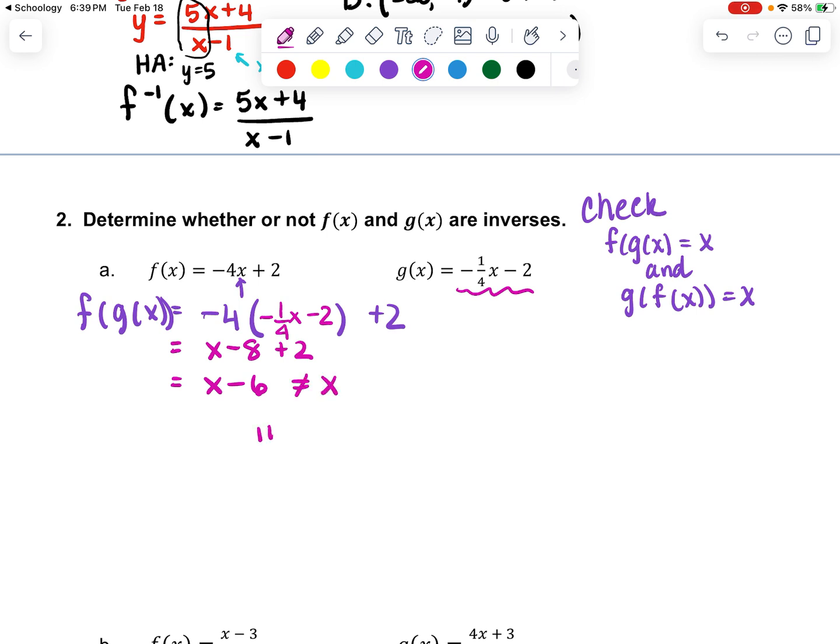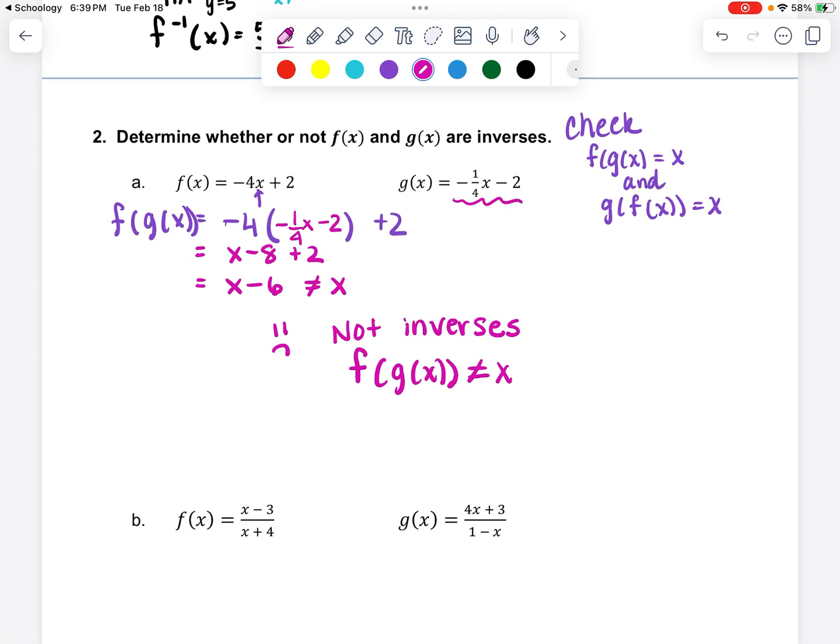So unfortunately, right away, these two are not inverses. If they were, my final simplifying would give me x, because f of g of x isn't x.